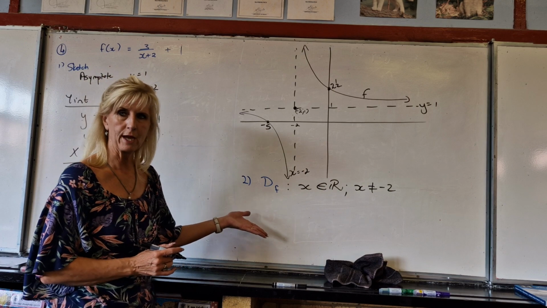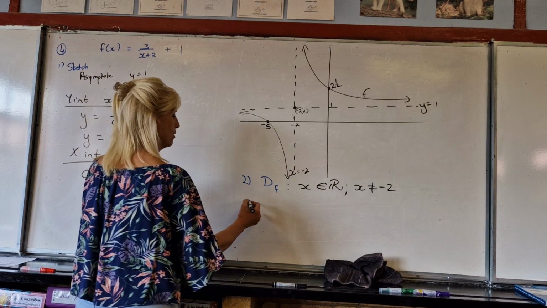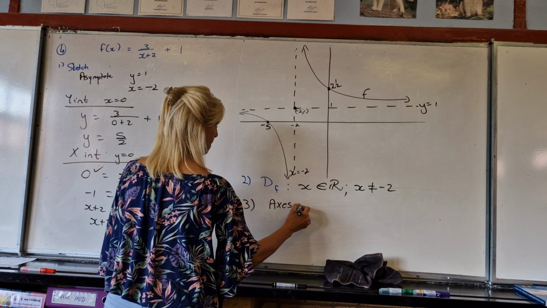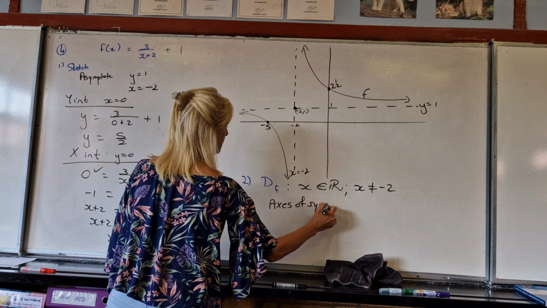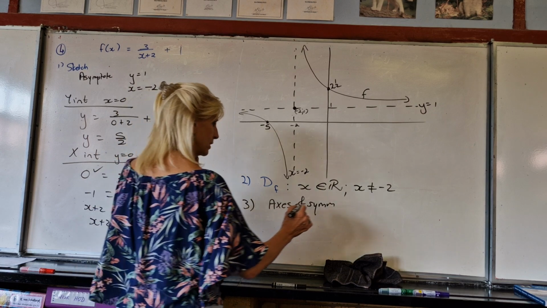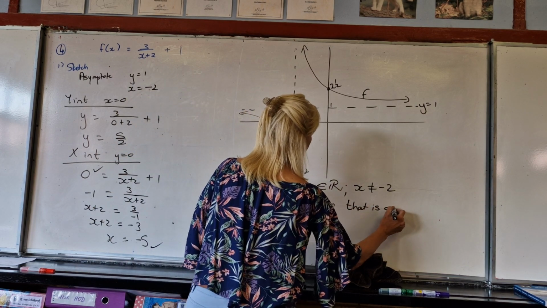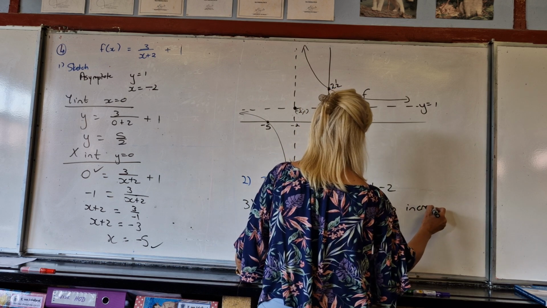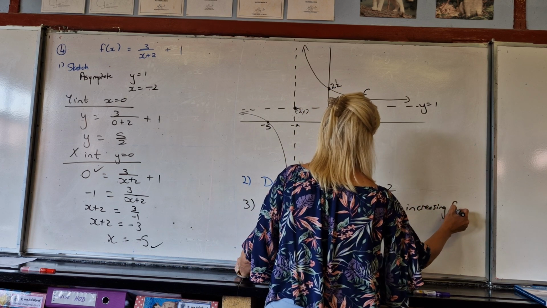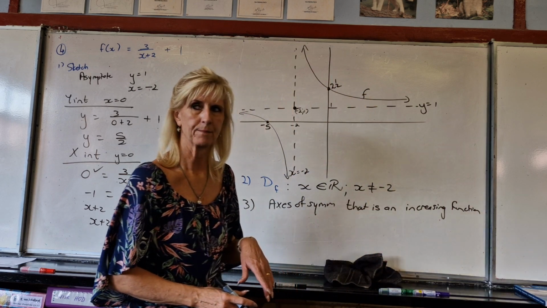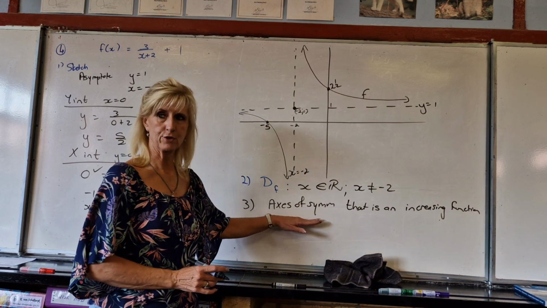Alright, so the same with the range, if they ask me, but let's add our own question here. What are the axes of symmetry? Let's make it particular. The axis of symmetry, that is an increasing function. Ooh, there's a lot of mathematical terms there. So I need the axis of symmetry.